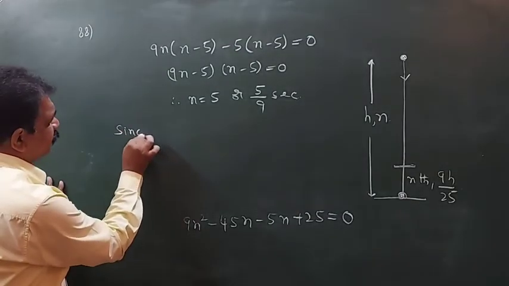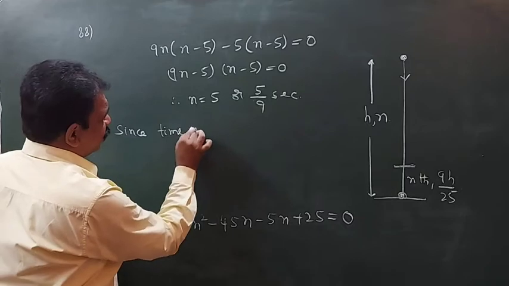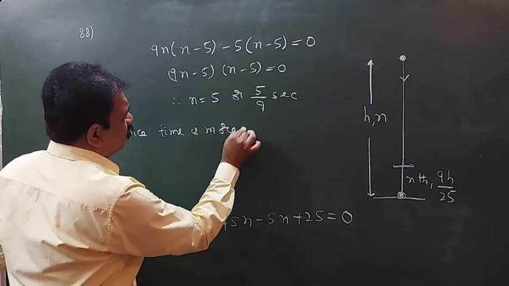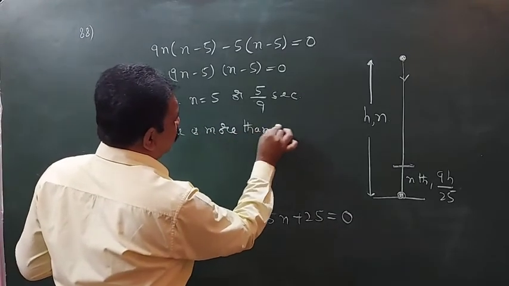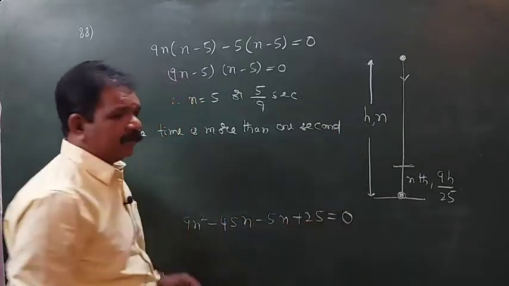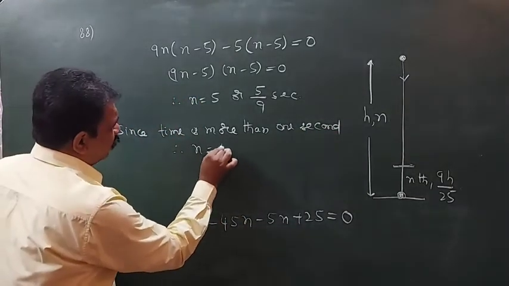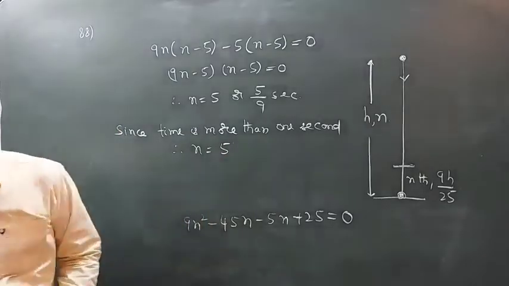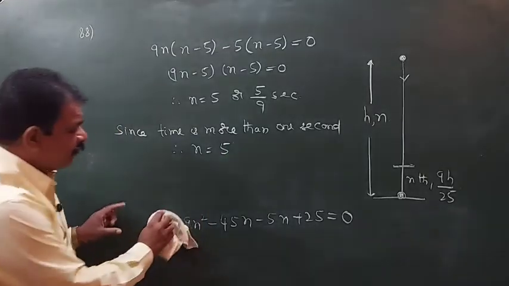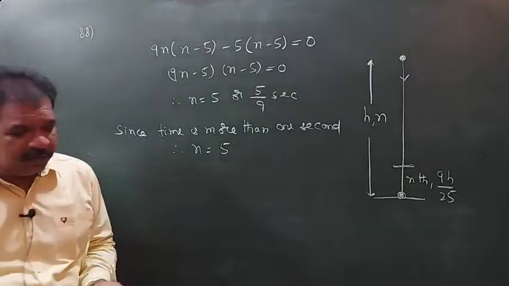Since time is more than 1 second, n is equal to 5. Find the h value. Formula: h is equal to 1 by 2 gn square.